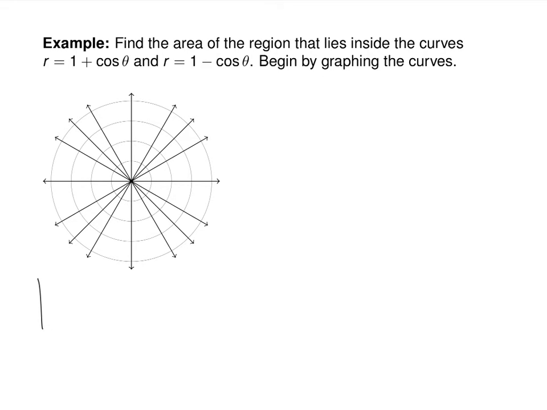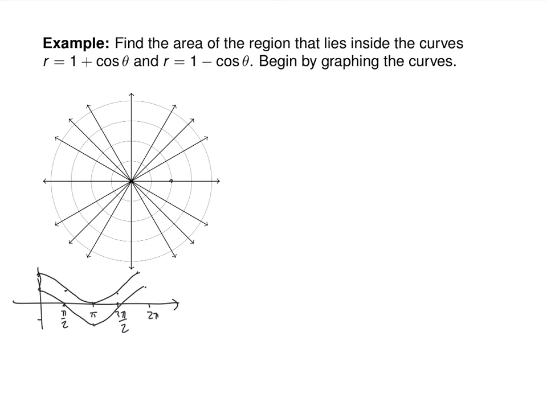So for 1 plus cosine theta, cosine theta would look like this. Adding 1 to it moves it up. It's going to produce one of those heart-shaped things.